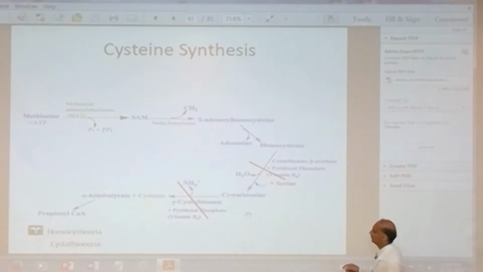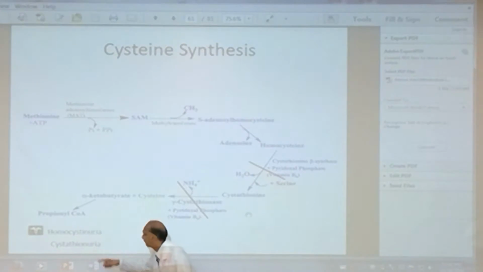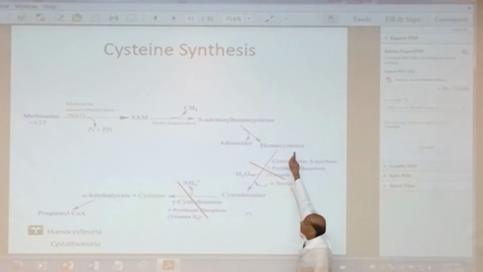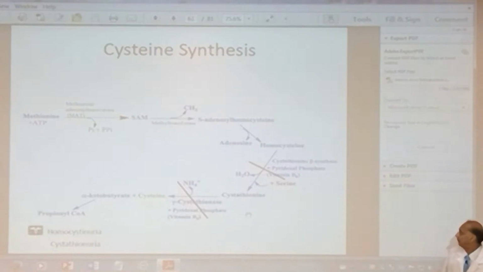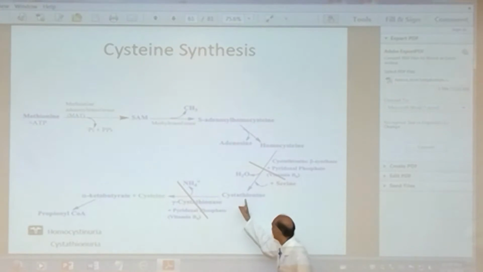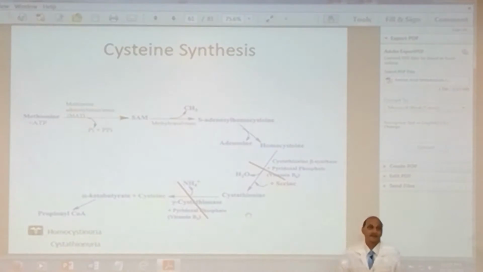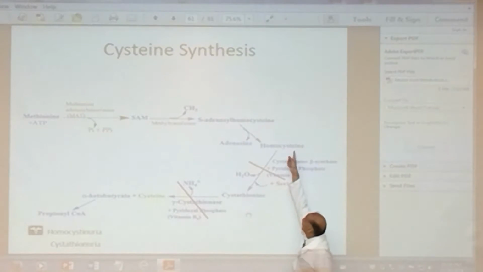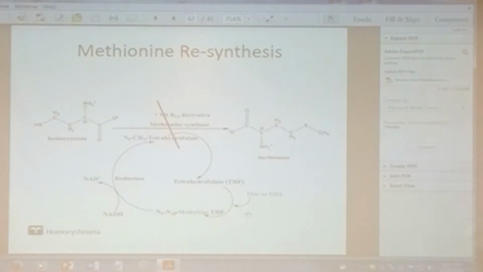If you have a block in here, you would have homocystinuria, which means you are accumulating homocysteine. But if you have a block over here, the product that is mostly accumulated is this one here, and that's cystathionuria. Between these two compounds, this is more deleterious, and we have already looked at homocysteine in depth, right?